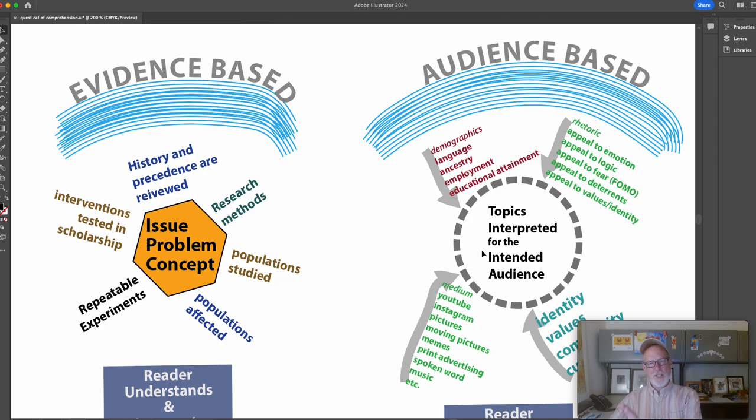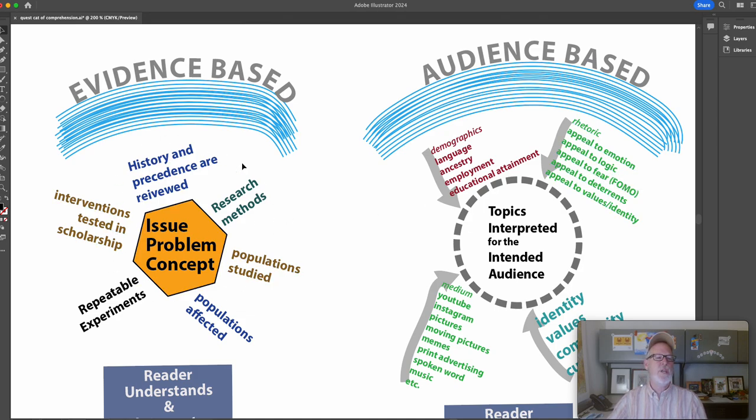On the Catster side, not to pick on Catster, but it is created specifically for people who speak English, people who maybe have a certain educational attainment level, and it's written to that. There's appeals to emotion because we have somebody that's enjoying their cat. Sometimes it's appeals to logic. Sometimes it's an appeal to fear. You don't want your cat to be angry with you, do you?